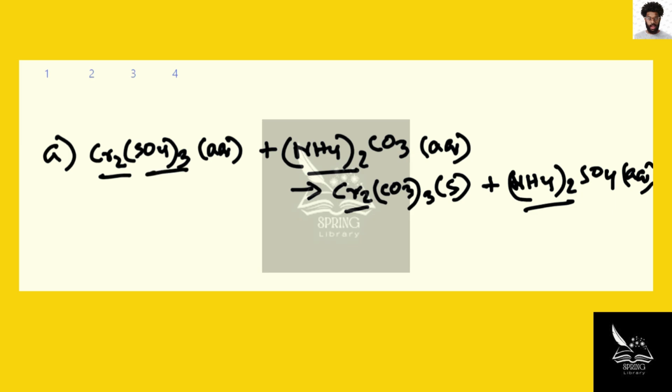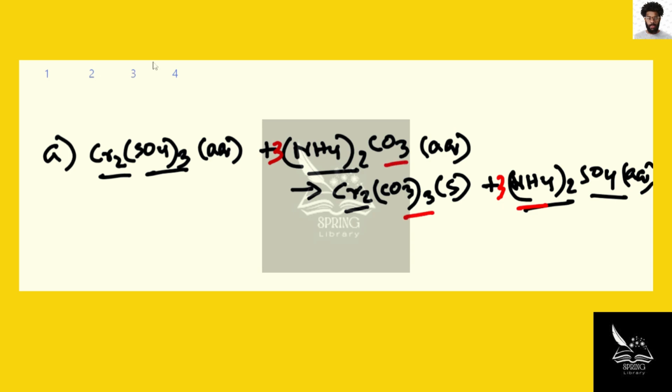Then we have three sulfate in the reactant and one sulfate in the product. That means we have to multiply this by 3, and now we have 6 ammonium here. That means we have to have 3 ammonium here, and now we have 3 carbonate here, and 3 carbonate here.